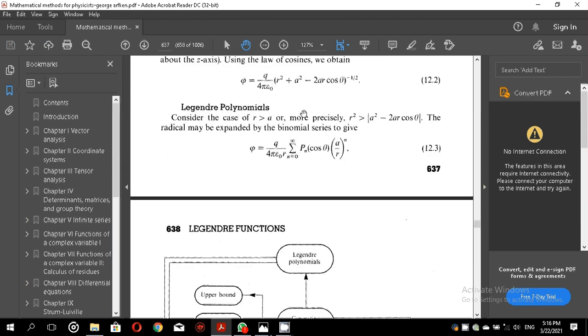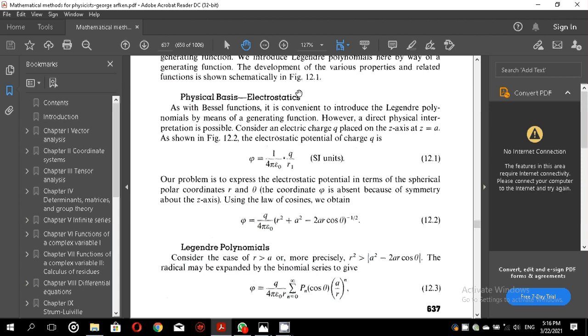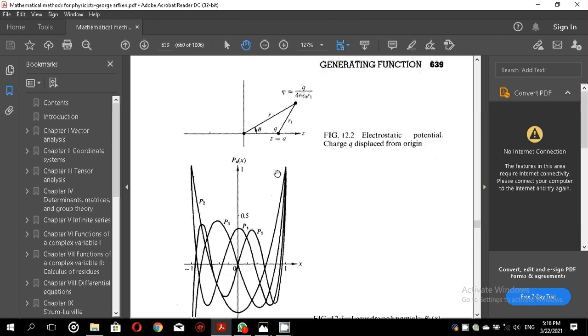Here is the generating function written somewhere, and this is in fact the electrostatic potential of a monoelectric charge as shown in this diagram.